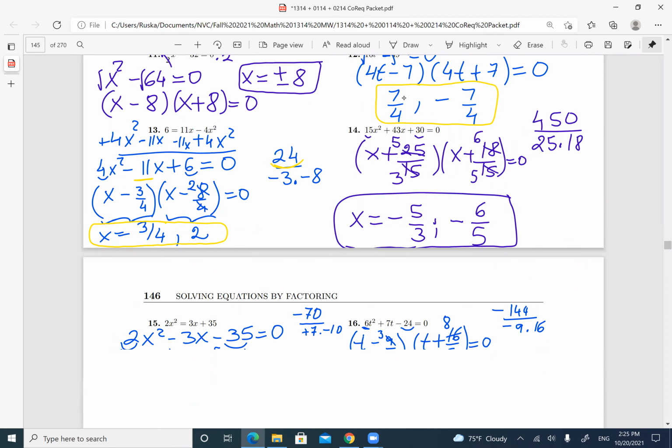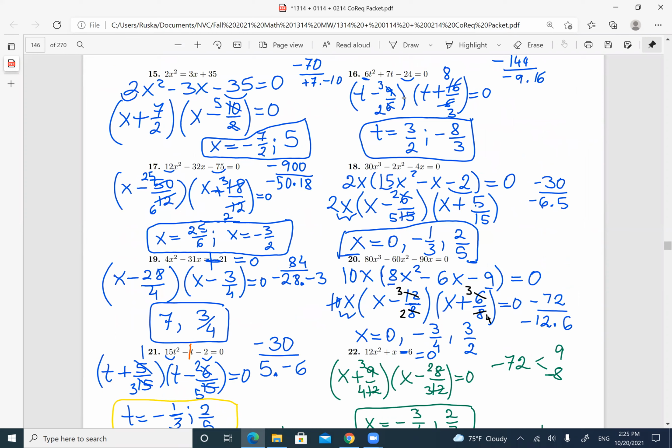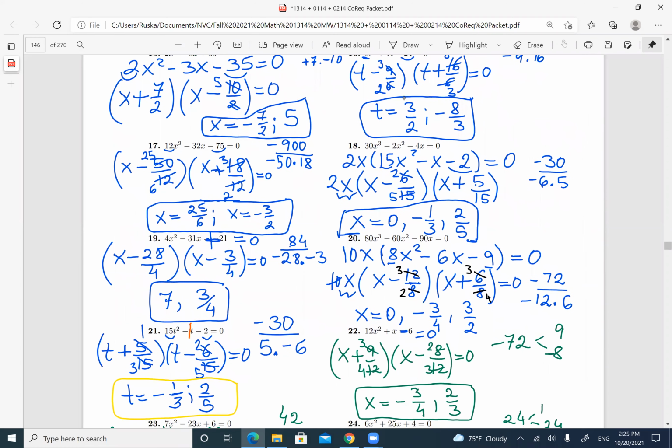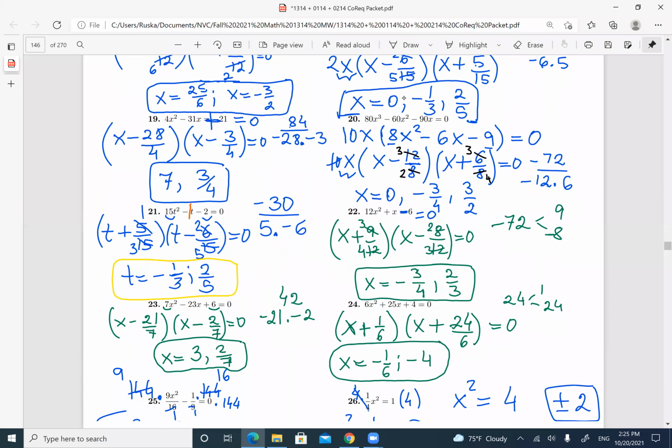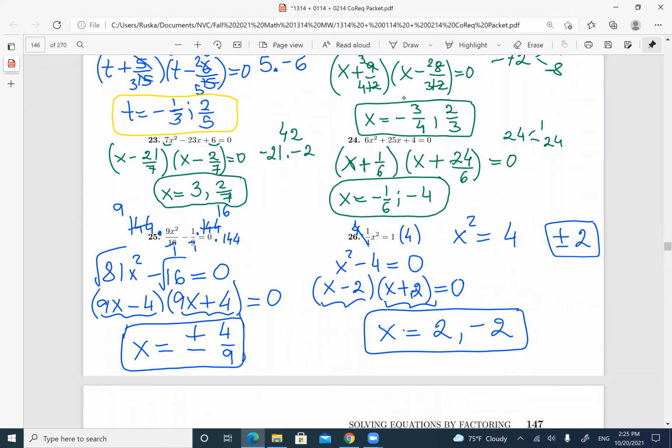And then on page 146, we have all the solutions with answers for number 15 all the way to 22. And then the last one is the solutions for 23 all the way to 26. Okay, so that concludes the lecture for today.